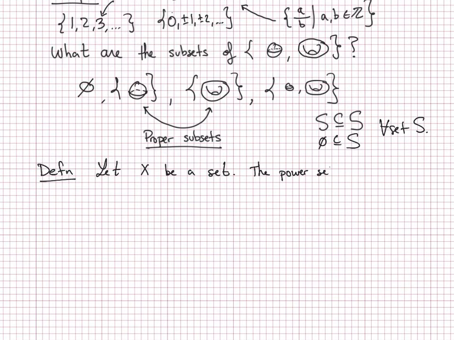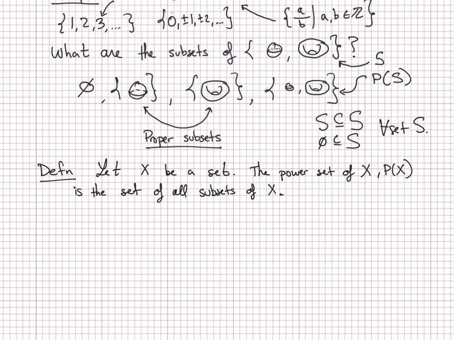The power set of X, which is going to be denoted by P of X, is the set of all subsets of X. So, for example, what we just saw here, I could call this set S, and this would be the set P of S. Okay, so let's do an example.